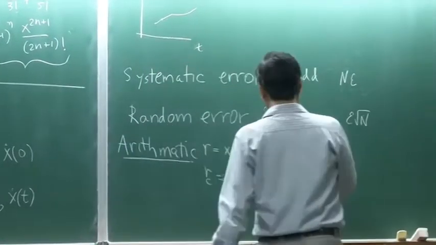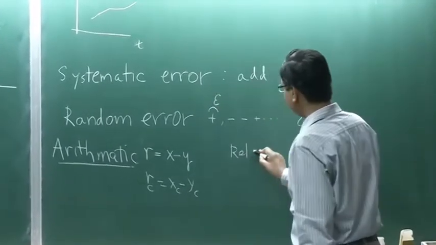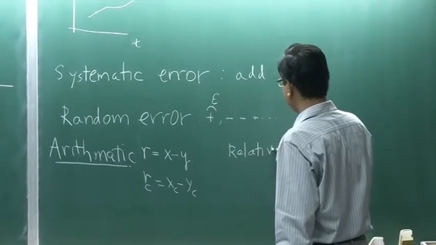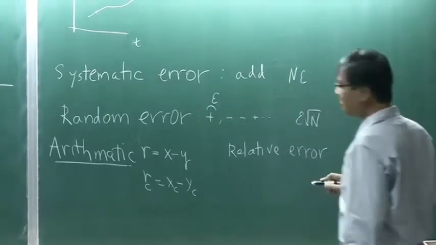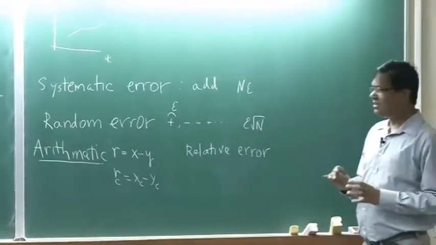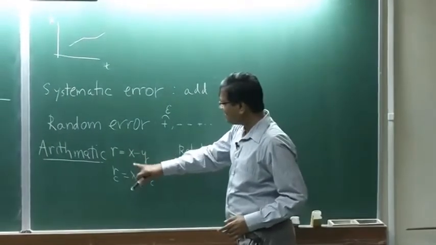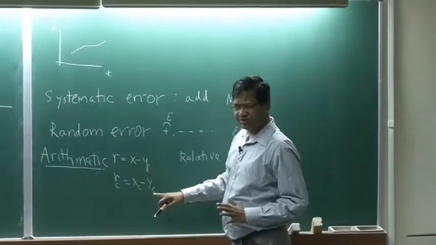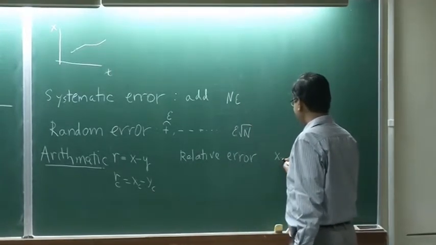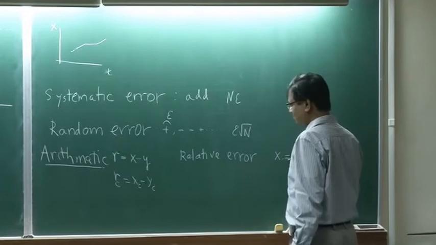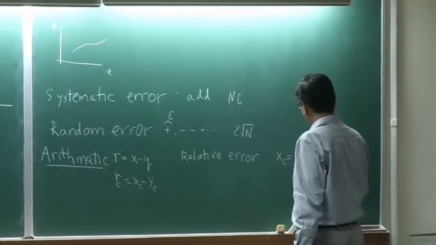So, we will also use a word called relative error. Relative error is not the absolute error, which is x minus xc, but relative error is written as xc equal to x times 1 plus epsilon.